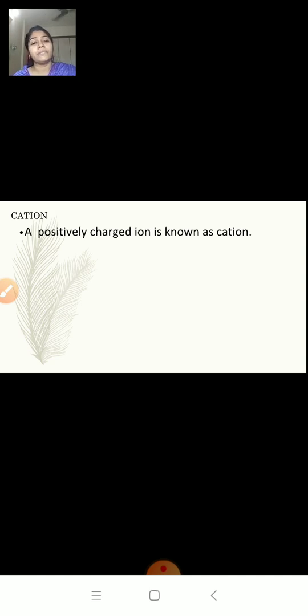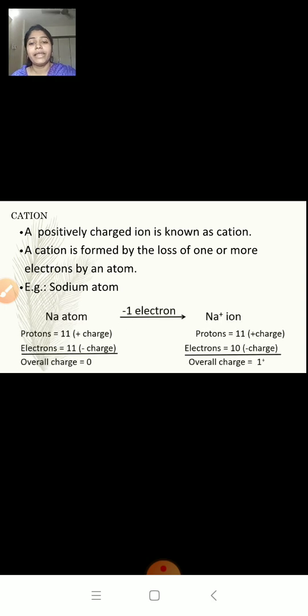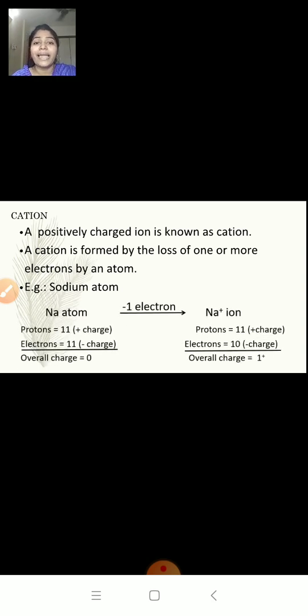So at that time an atom becomes positively charged and it is known as a cation. Okay? A cation is formed by the loss of one or more electrons by an atom. Example is the sodium atom.